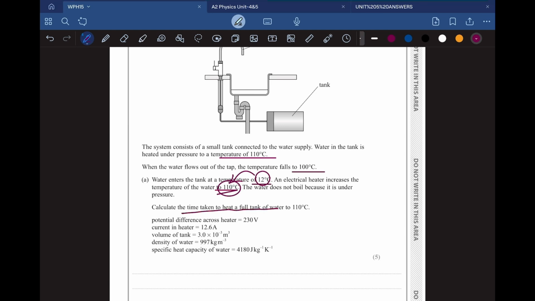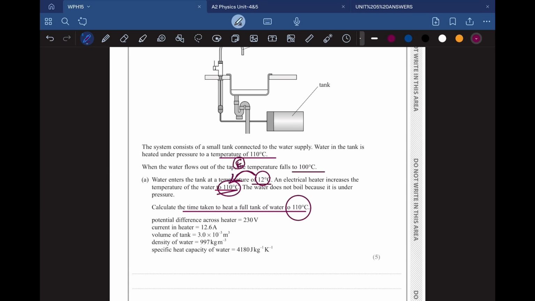Calculate the time taken to heat a full tank of water to 110 degrees Celsius. So basically they have asked us to figure out the time. So as they have asked us to figure out the time, basically the energy is required to transfer to increase the temperature from 12 degrees Celsius to 110 degrees Celsius, right?